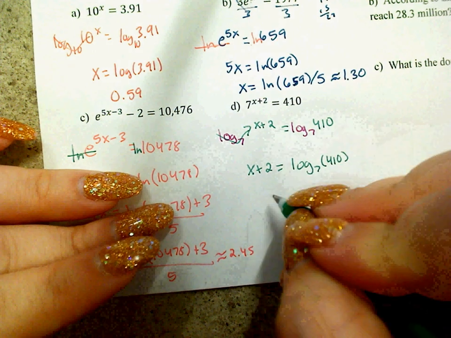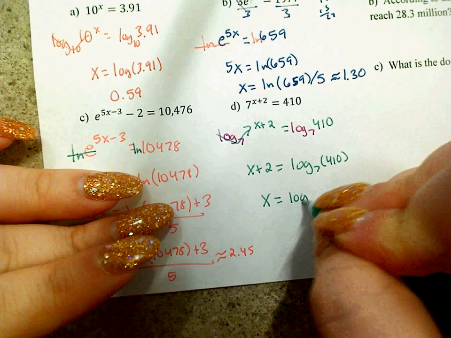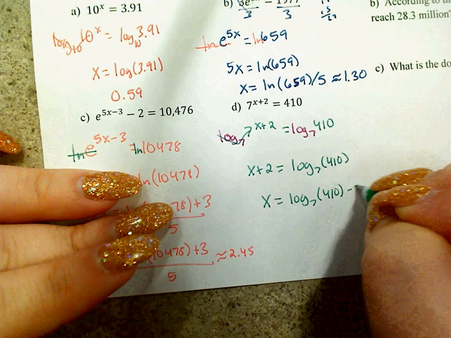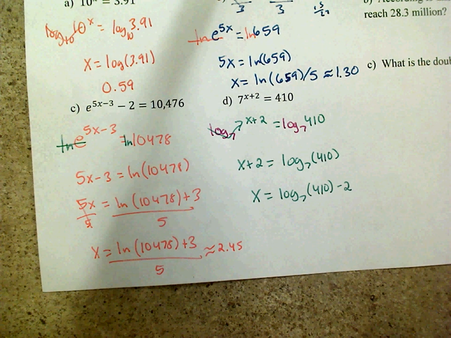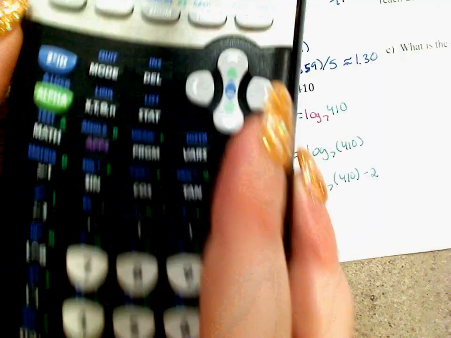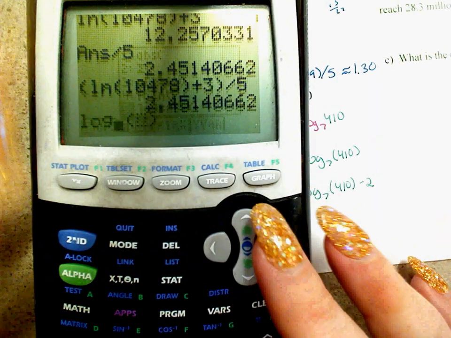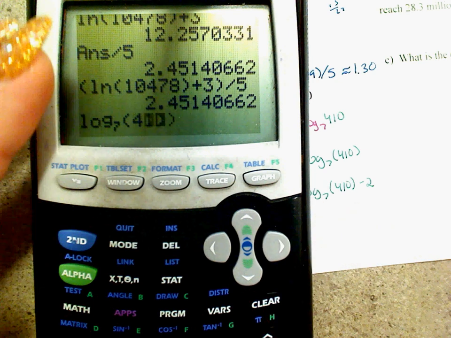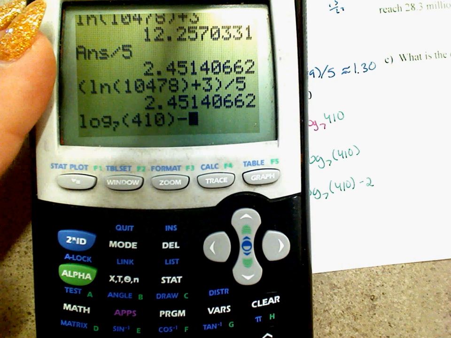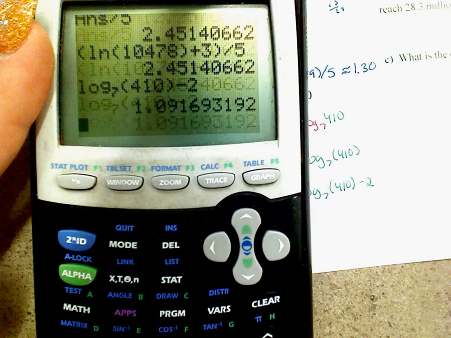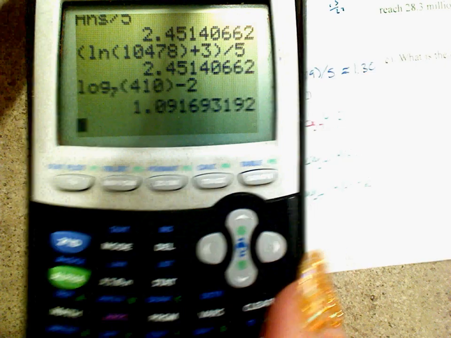Last step, we're going to subtract the 2. Log base 7 of 410 minus 2. And we get 1.09, approximately.